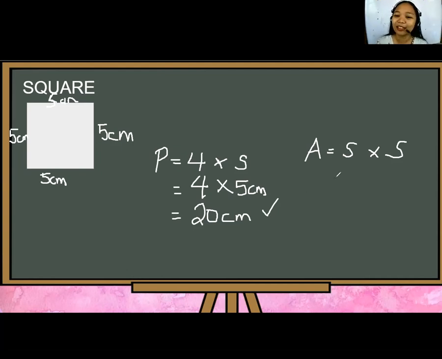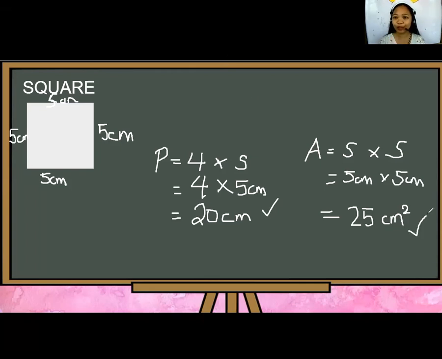So that is 5 centimeters times 5 centimeters. 5 times 5 is equal to 25. This is something amazing. When you multiply centimeters together, it will turn out to be centimeters squared. Can you see it? Square measures area. So the answer is 25 centimeters squared.